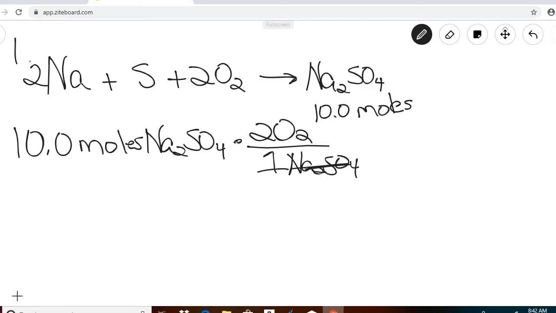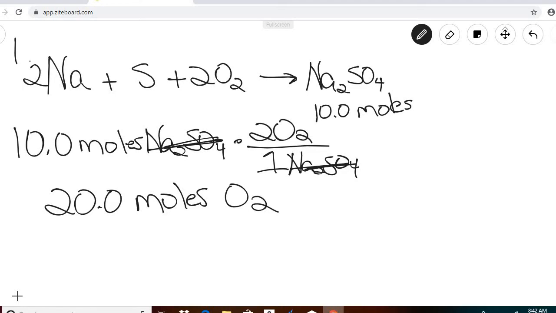Okay, so the Na2SO4s cancel, and 10 times 2 is 20. So 20.0 moles of oxygen. Okay, so again, to use stoichiometry, it has to be in moles. We were given moles so that we could go right into looking at the ratios between the different components within the chemical reaction.